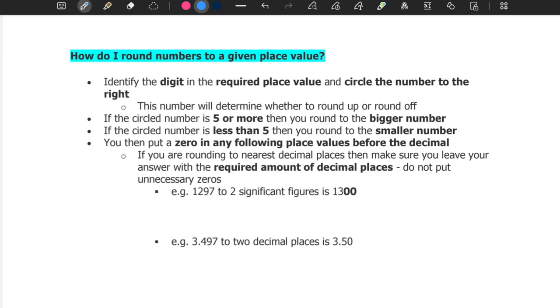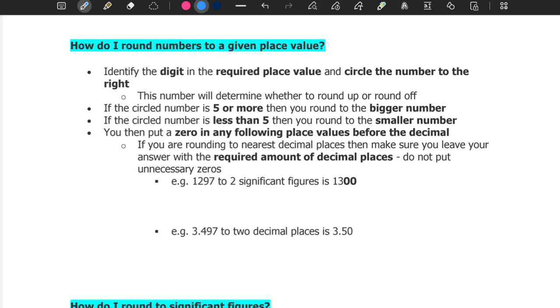So now looking at rounding numbers to a given place value, right? Let's say you are asked to round a certain number to a given number of decimal places or significant figures. First, identify the digit in the required place value and circle the number to the right. This will determine whether to round off or round up.